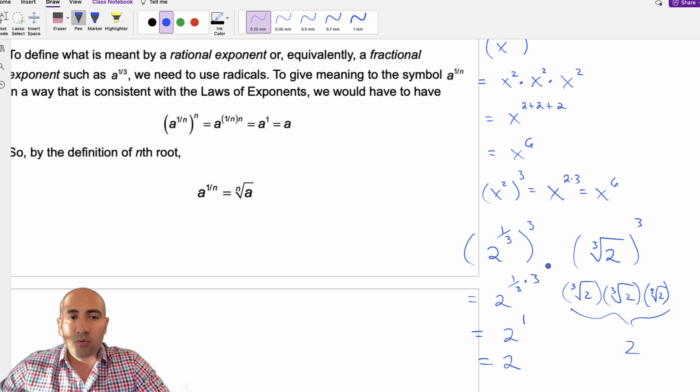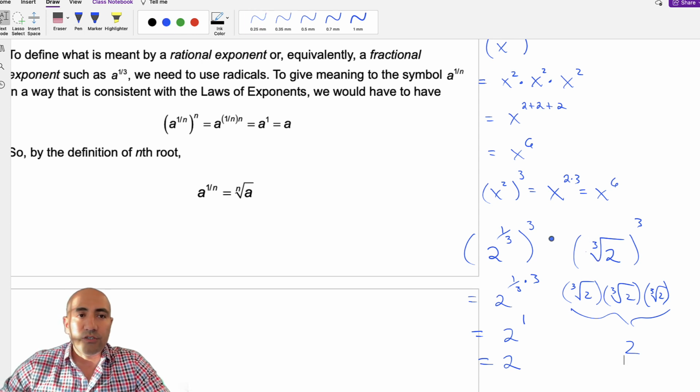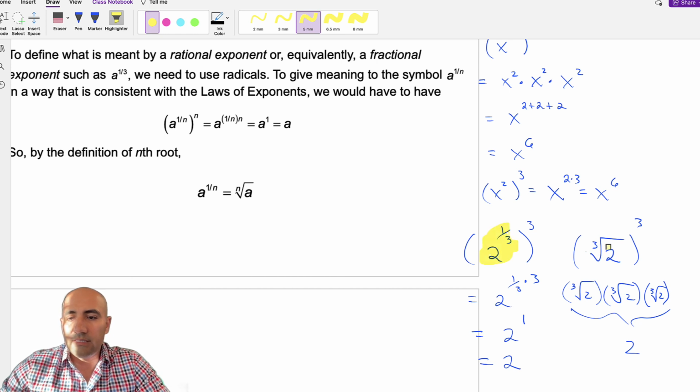And so that's how we're connecting that 2 to the 1/3 power is equivalent to the cube root of 2. This must be the same as this. They both accomplish the same thing. The cube root of 2 is a number such that when you multiply by itself 3 times, the answer is 2, and that's what this is.